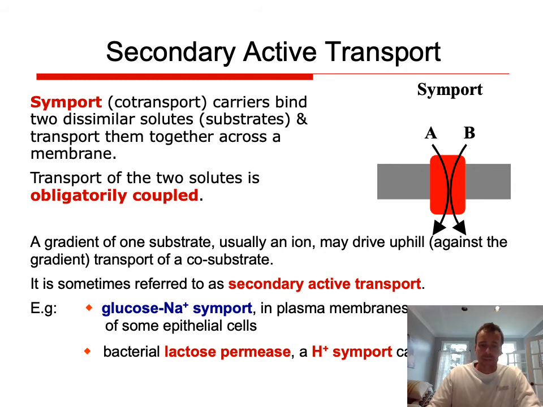The example of that would be glucose-sodium symport in plasma membranes. So you're carrying both glucose and sodium across the membrane. Other examples include lactose permease and the hydrogen symport carrier. With lactose permease, which is a hydrogen symport carrier carrying hydrogen and lactose.